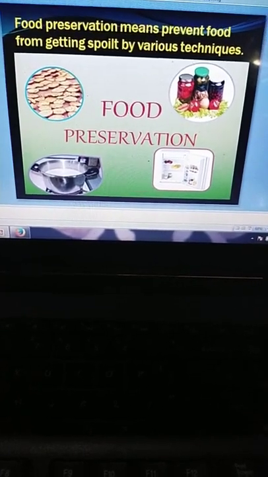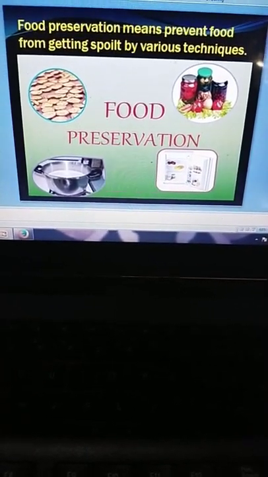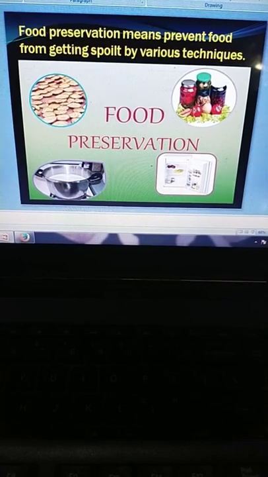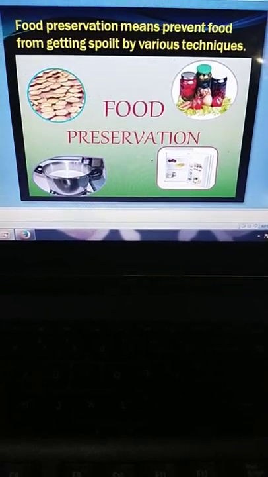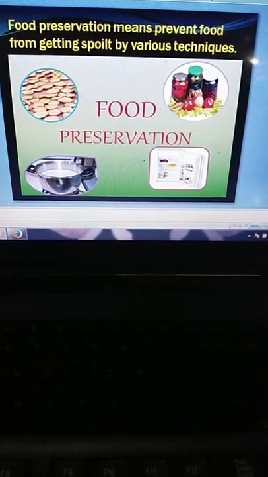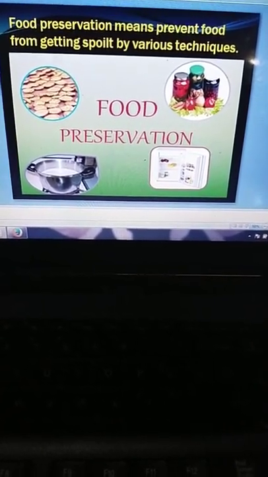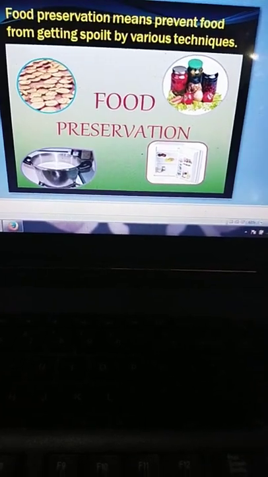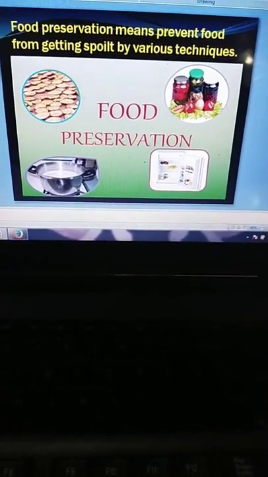Next is food preservation. What is food preservation? It means preventing food from getting spoiled by various techniques. How can we prevent the food items from getting spoiled? Let us see.